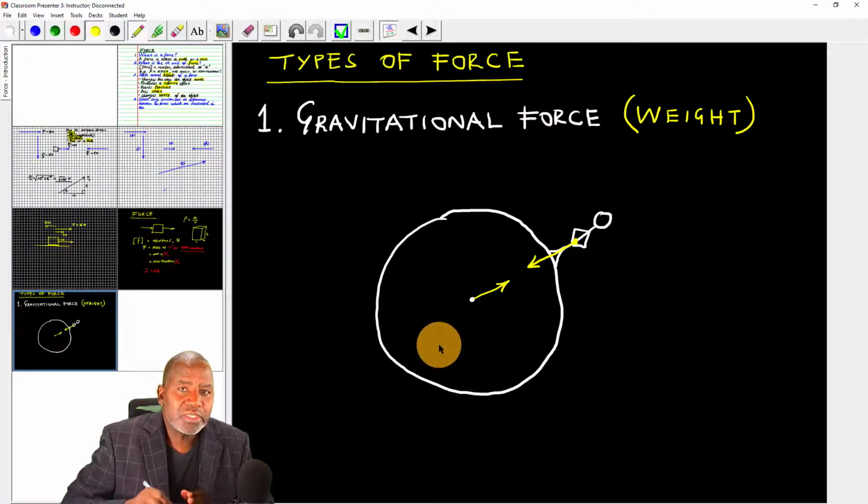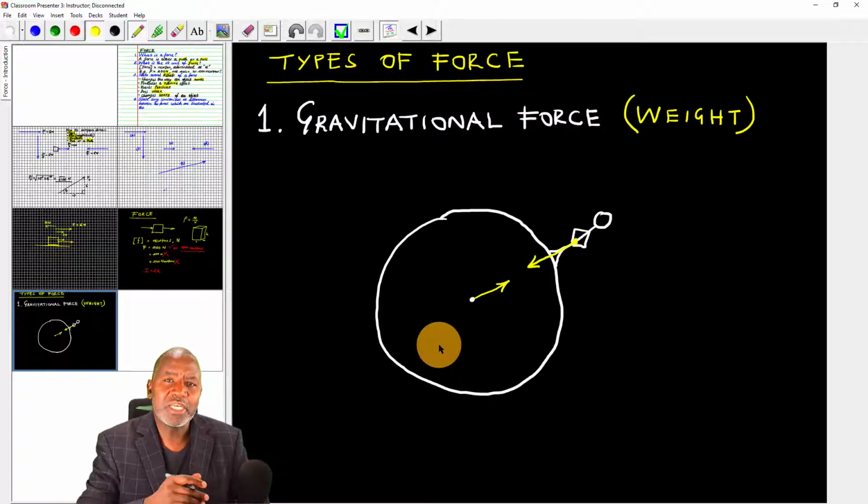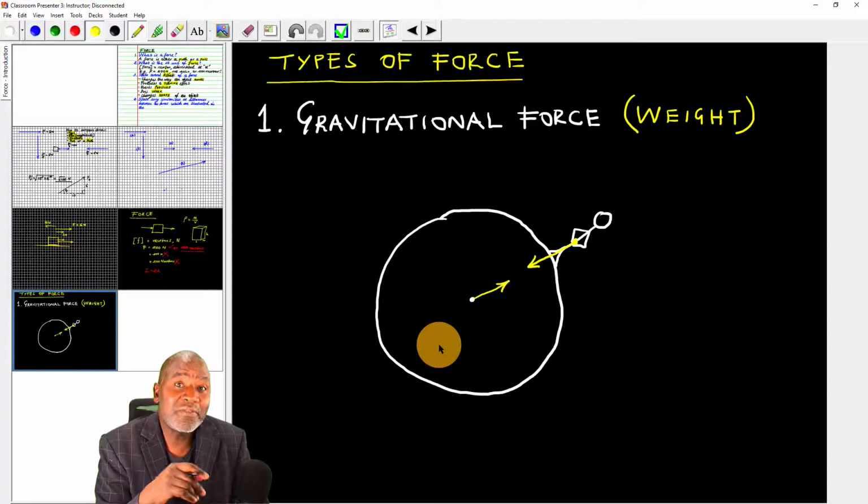Now, from the very beginning, I want to discourage you from referring to this force as gravity. Many times when students are given this type of question, they talk about gravity. You ask them, name this type of force. They say gravity. No, don't say that. Because if you say that, it is very close to talking about a different physical quantity, which we call gravitational field strength.